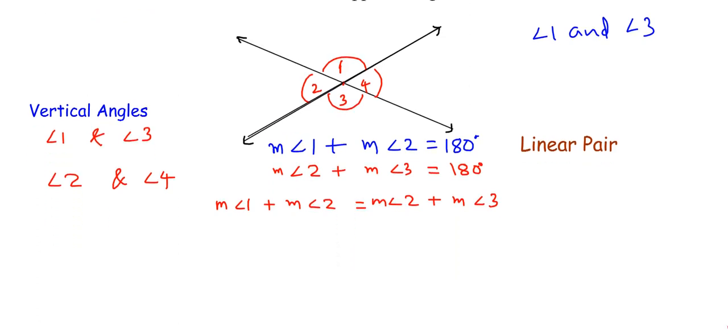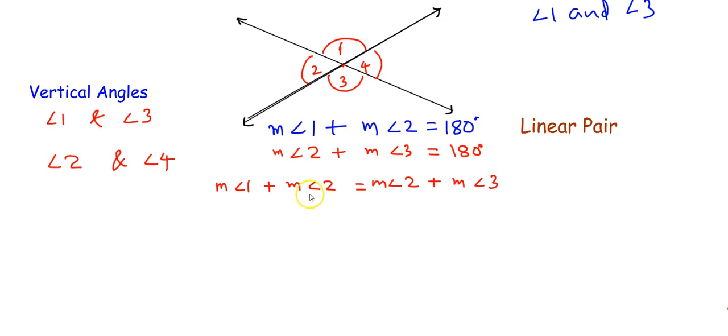Therefore, I can cancel out that angle 2 by subtracting it on both sides. So I'll take away measure of angle 2 here, minus measure of angle 2.